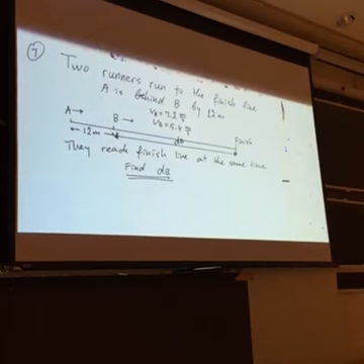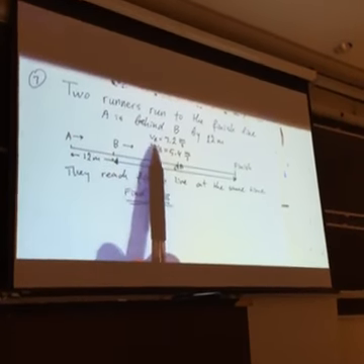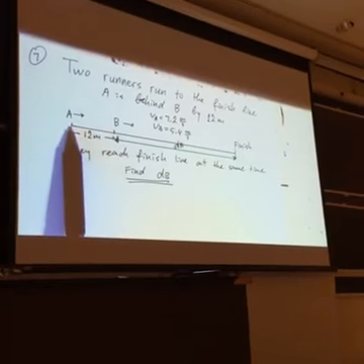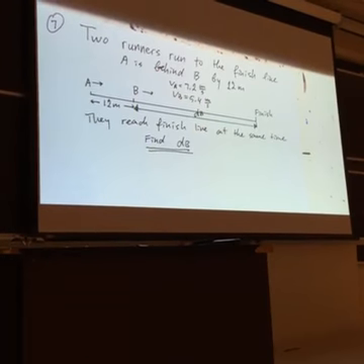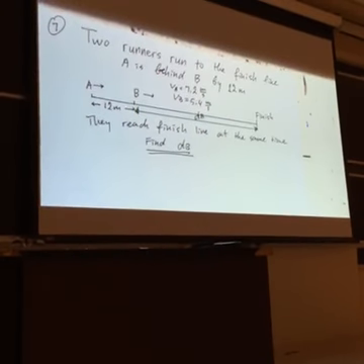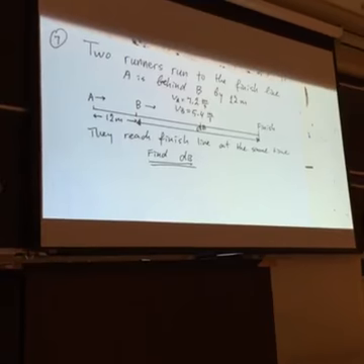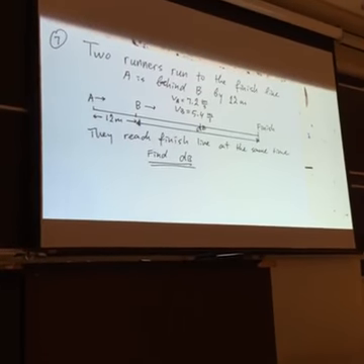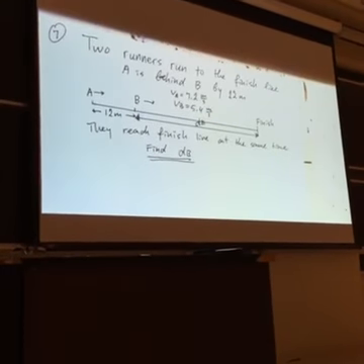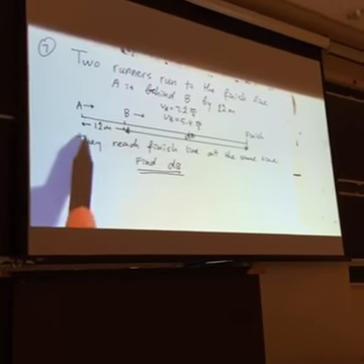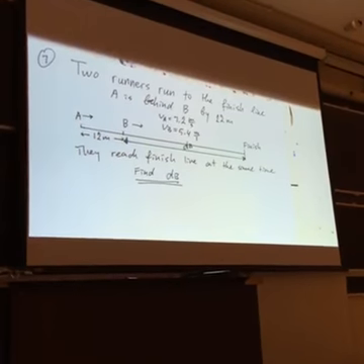They have different velocities. Runner A is behind by 12 meters. Runner B is over there. Runner B is running slower. Okay, A is behind but running faster. So A is 7.2 meters per second, B 5.4 meters per second. This is the distance between them initially.